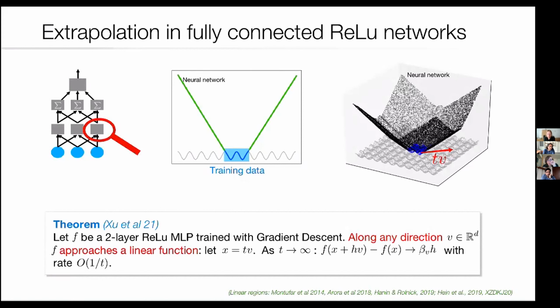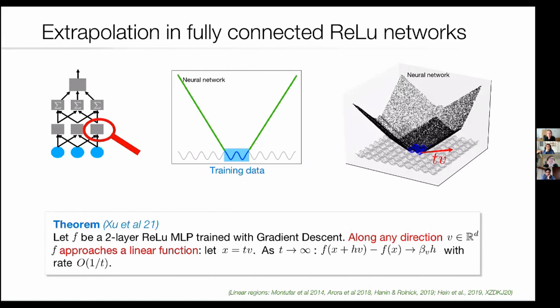If you train your ReLU MLP with gradient descent and go away from the training data in any direction, very quickly your function will just approach a linear function. This is a simplified proof with a 2-layer network, proved in the neural tangent kernel setting. But empirically this holds more generally too.